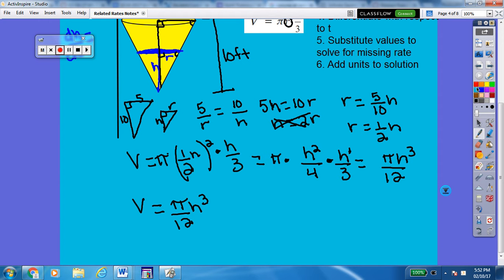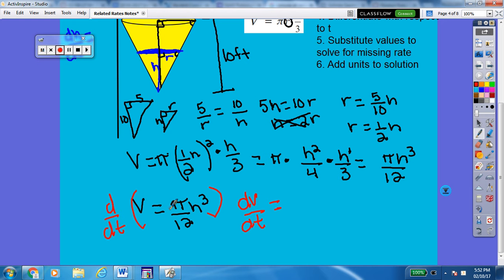At this point, I'm ready to take the derivative in terms of t. So that gives us dv dt, and remember, pi over 12 is simply a constant.